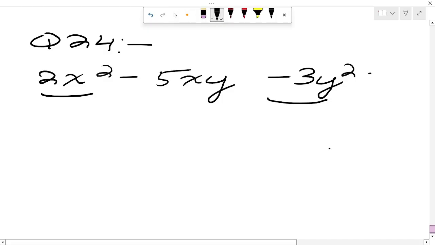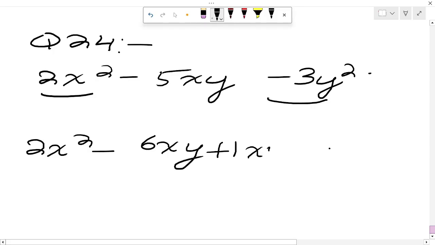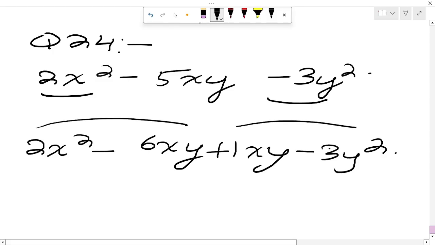Now let's put in the steps. So 2x square minus, we're gonna write 6xy plus 1xy, or xy for short. After that we're gonna write minus 3y square as it is. Now we have four terms. Now we need to find the common between these terms. So that is 2x. So x minus 3y.